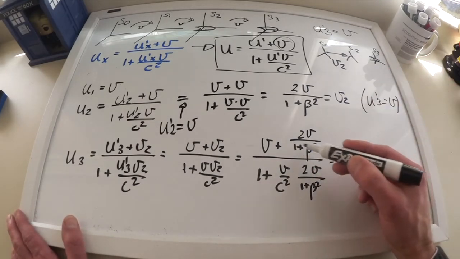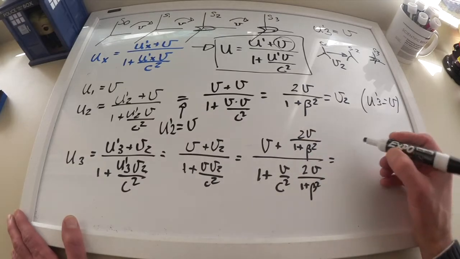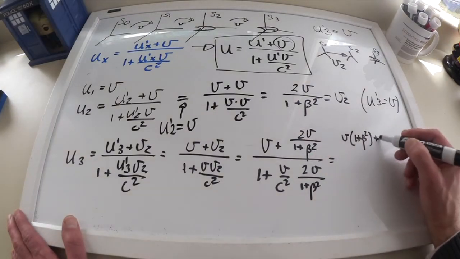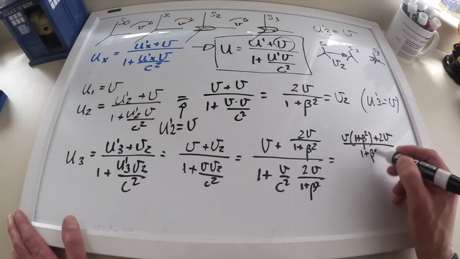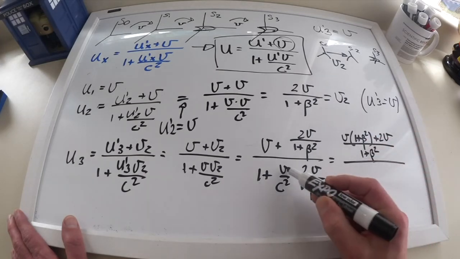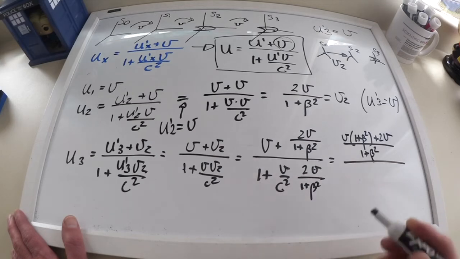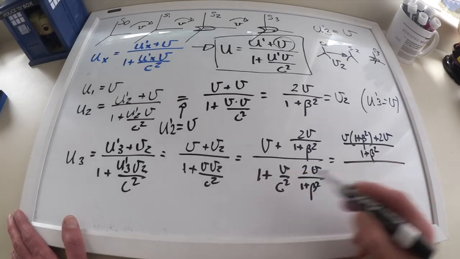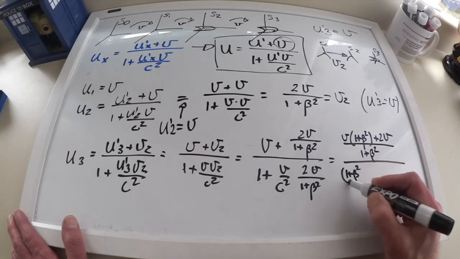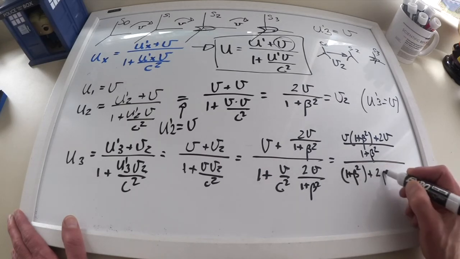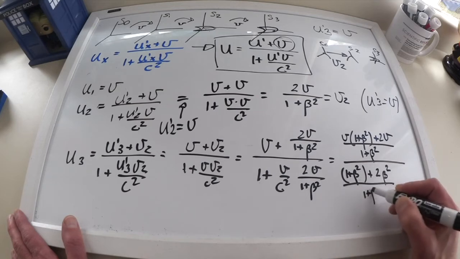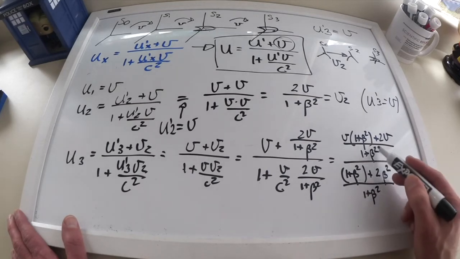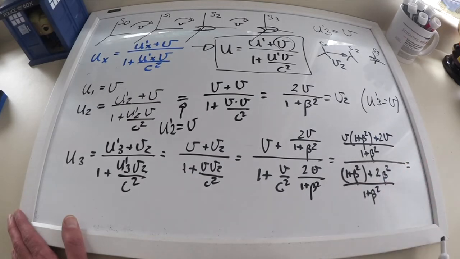Here I can multiply by 1 plus beta squared. Here this is going to be v parentheses. And down here I have v over c, that is beta. Then I will multiply this 1 plus beta squared there. And that can now be simplified, cancelling this 1 plus beta squared with this 1 plus beta squared.